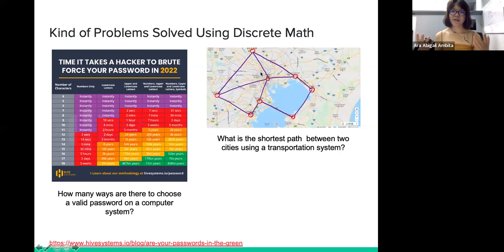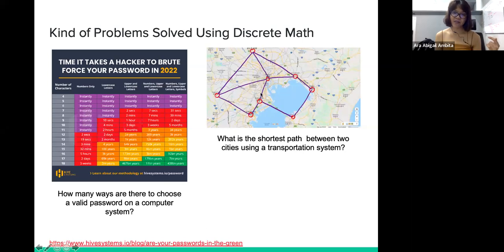This is a problem that has already been applied in the industry, like Uber, Grab, or Google Maps. And it is not only based on the distance, but they also use traffic information. For example, if there's an event in this area, then it's most likely that there is traffic, so you have to avoid that path.